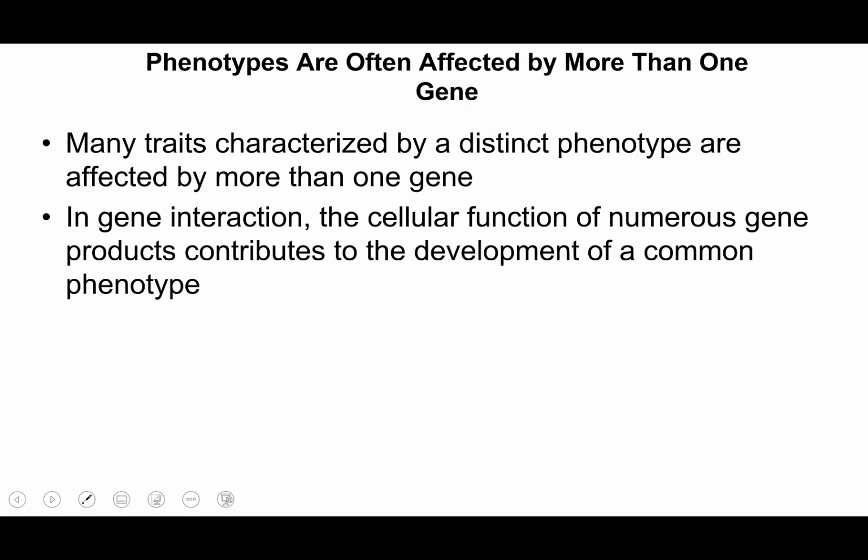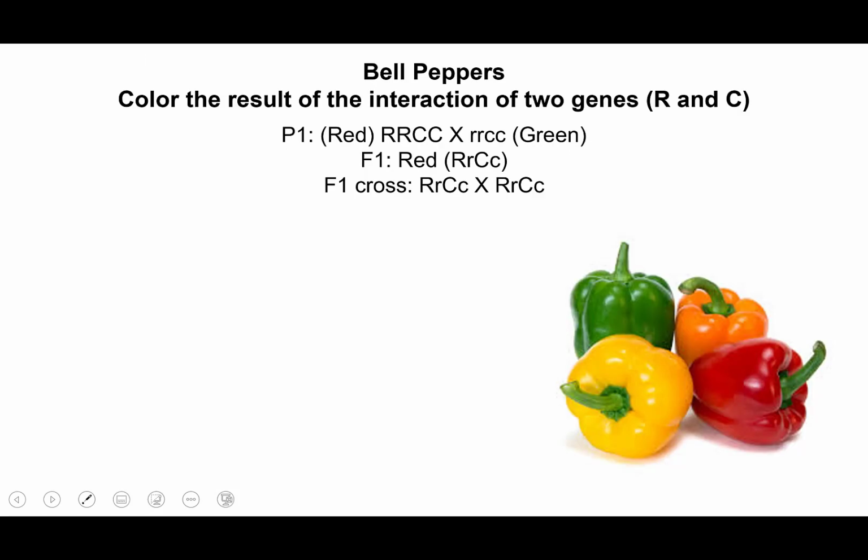Additionally, we've discovered that there's a lot of traits that are characterized by a distinct phenotype, and they're affected by more than one gene. It's not a single gene that does this. This gene interaction is the byproduct of numerous gene products that contribute to the overall development of the phenotype. This is true of so many of our phenotypes and traits.